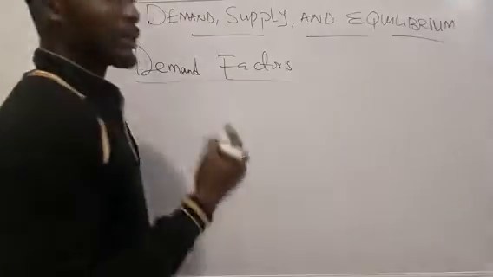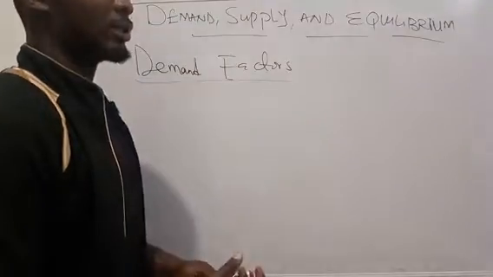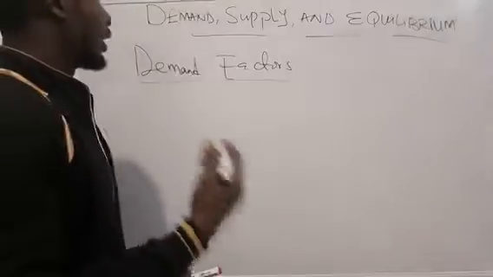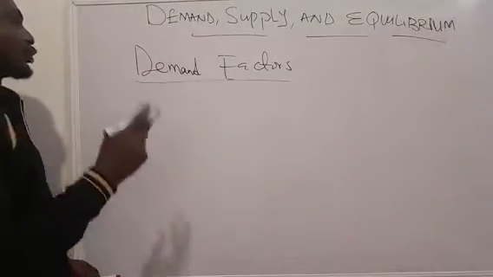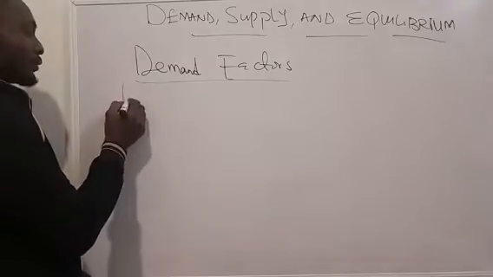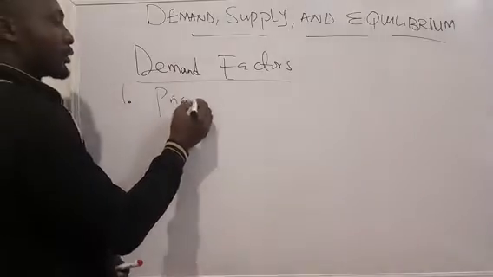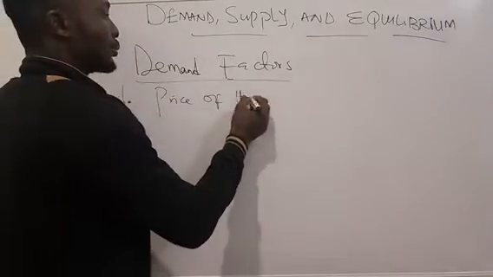There are so many determinants of demand. However, we are going to be focusing on just three important factors, or I'll just make it four. The first factor of demand here, we are going to call the price of the product.